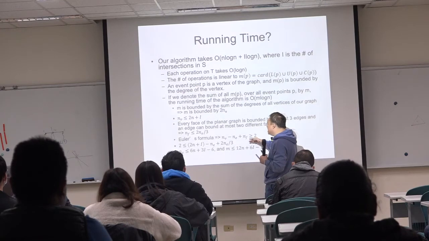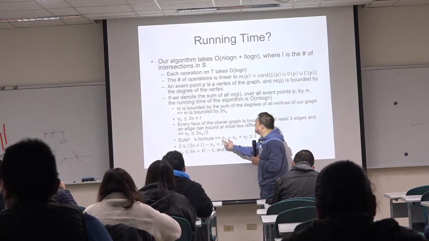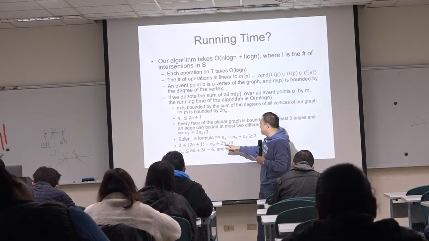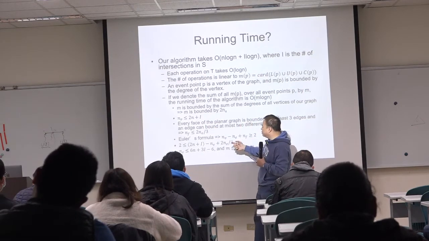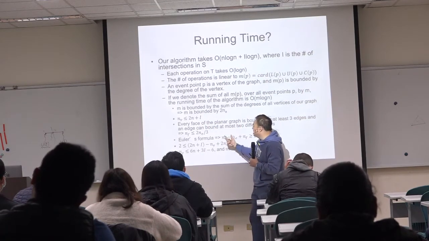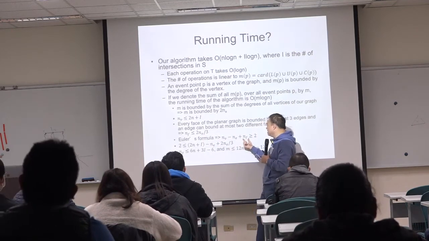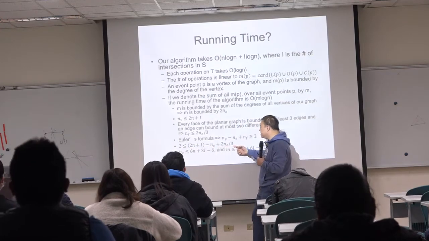you can plug in, because we know NV is smaller or equal to 2n plus 1, right? So we can replace NV by 2n plus 1, as well as we can replace NF by 2NE divided by 3, okay? So we have this, right?